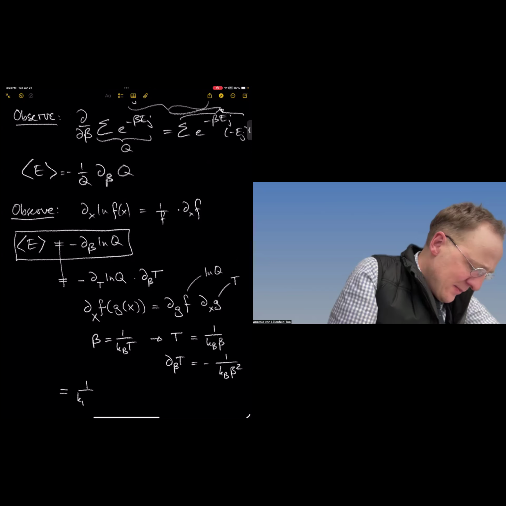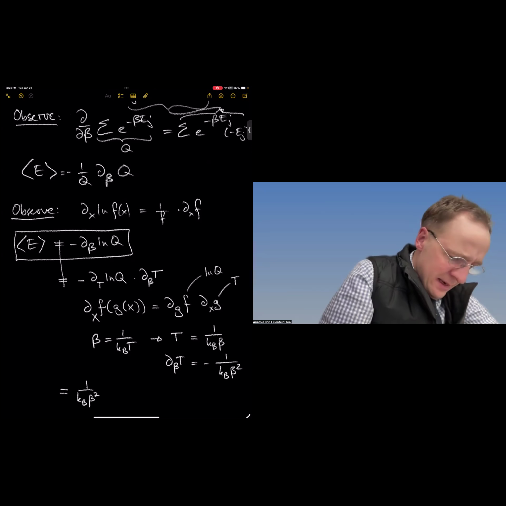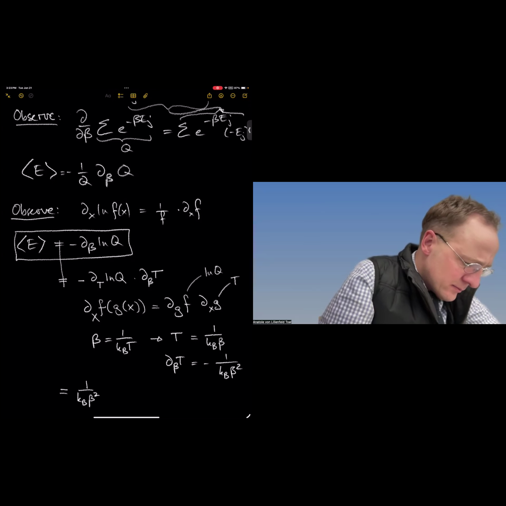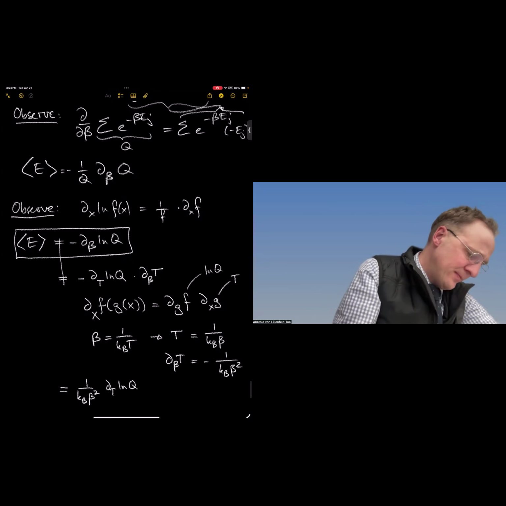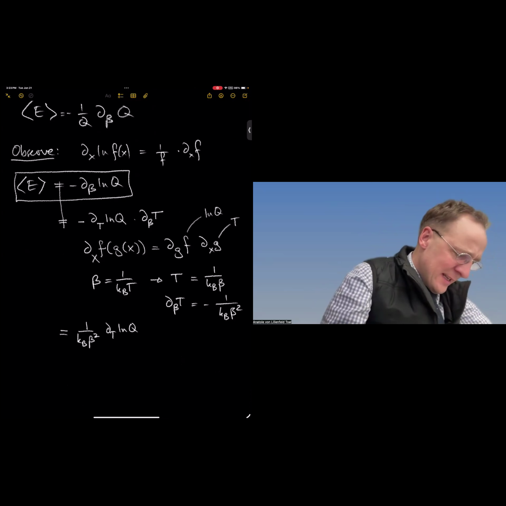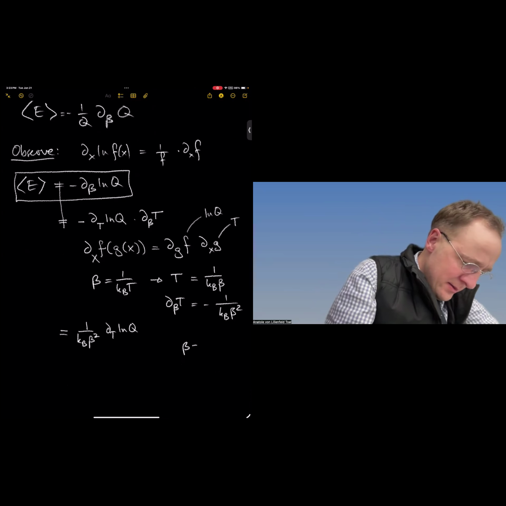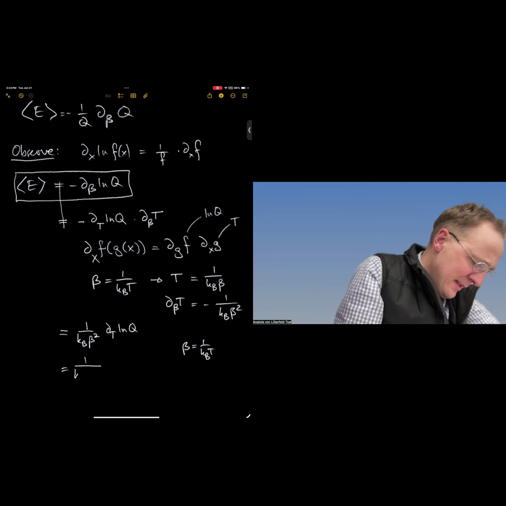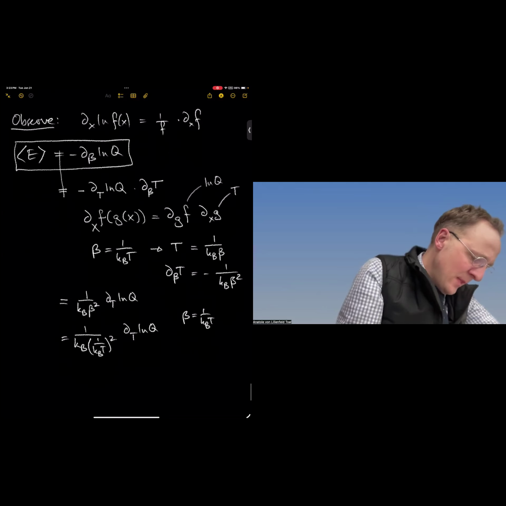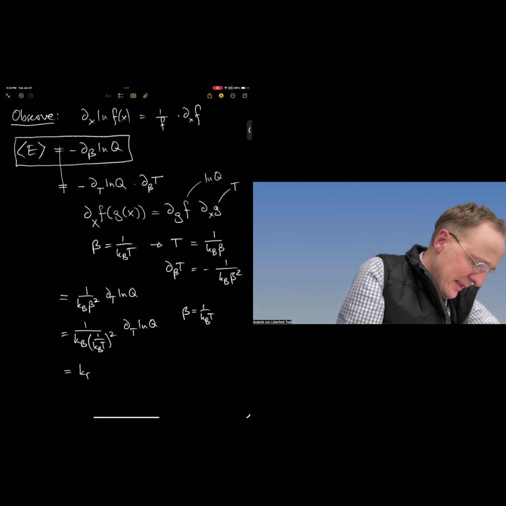I get 1 over k_B beta squared times d/dT of the logarithm of Q. Now, if I insert again for my beta 1 over k_B T, then I have 1 over k_B times the bracket 1 over k_B T squared, d/dT of the logarithm of Q, and that simply gives me k_B T squared d/dT of the logarithm of Q.